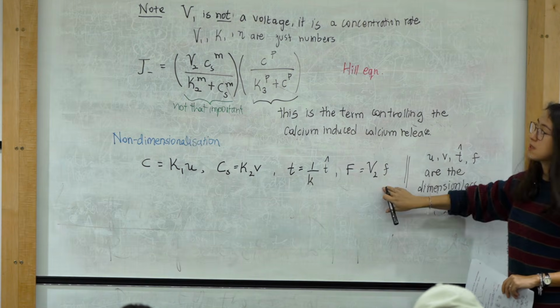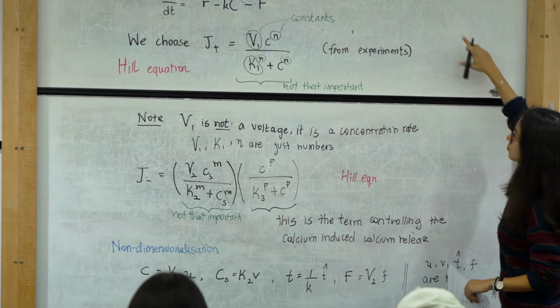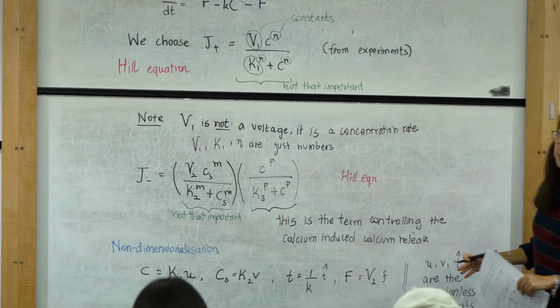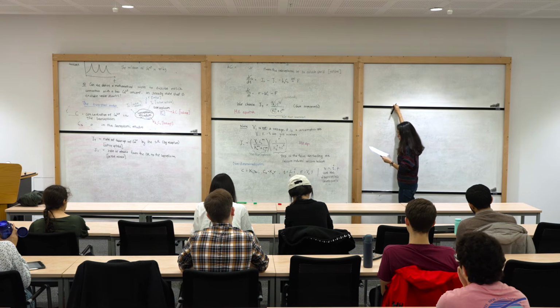Once you use this in the differential equations that I am hiding, those two, you will be able to derive now two equations for U and V, which are the following.